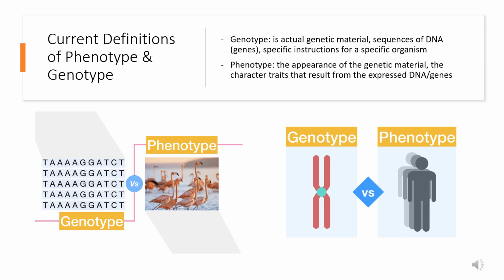Phenocopying now is an environmentally induced character which closely resembles a known genetic mutant. So in other words, the genotype does not always show what the phenotype is. When environmental factors play on a genotype, a different phenotype may arise. So the current definitions of phenotype and genotype don't actually stand when phenocopying is understood.